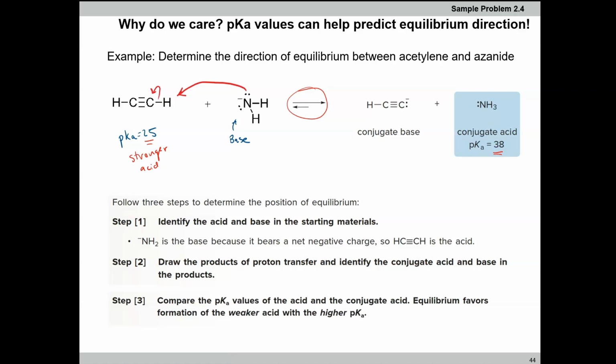Because if we're going head to head, we typically look at pKa values just for the acids, the starting point acid and the conjugate acid, and we can determine which is stronger. That's going to tell us if the reaction is going to move forward or if it's just going to stay where it is and not move forward. And this is how we can determine this using pKa values.